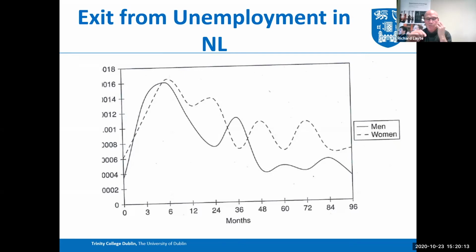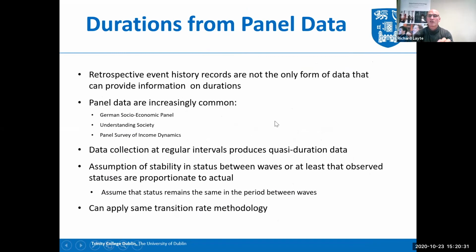And usually for these kinds of duration models, you would have retrospective spell data, so you'd know about how long the spells were, but you don't have to do it using retrospective spell data. You can do it using data from panels.